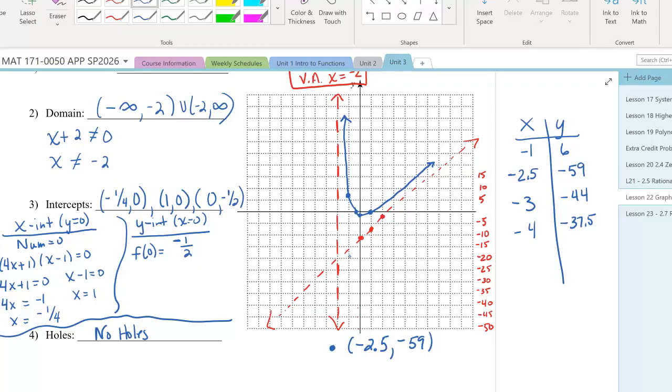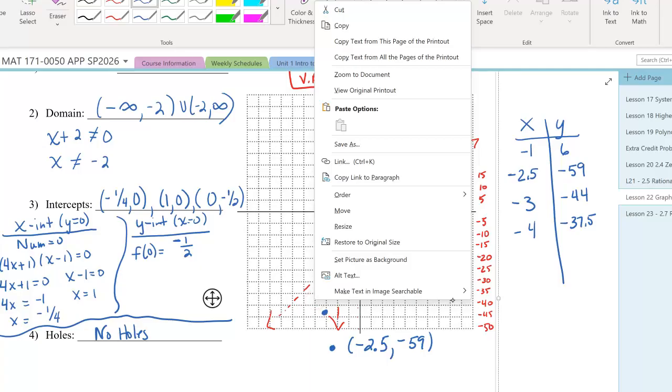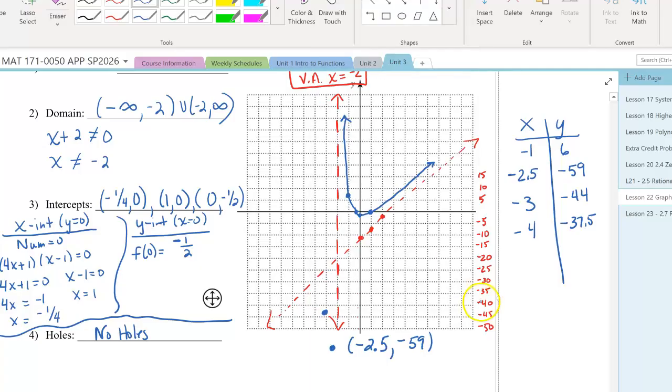So that's going to be about here. And then -4 was negative 37.5. So that's going to be somewhere in here if I'm graphing that correctly.